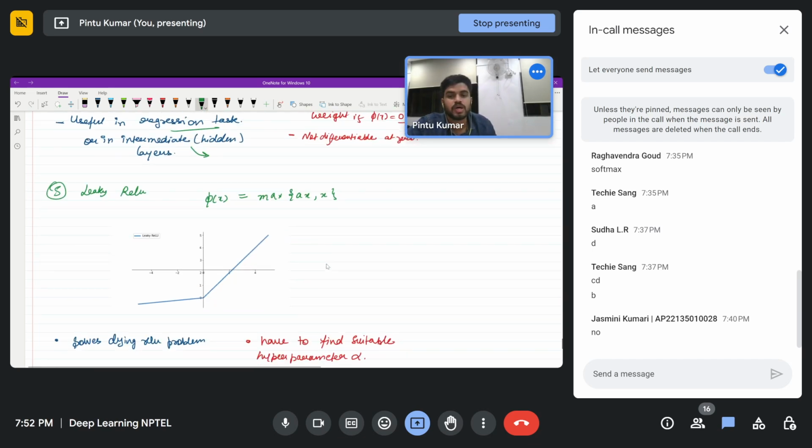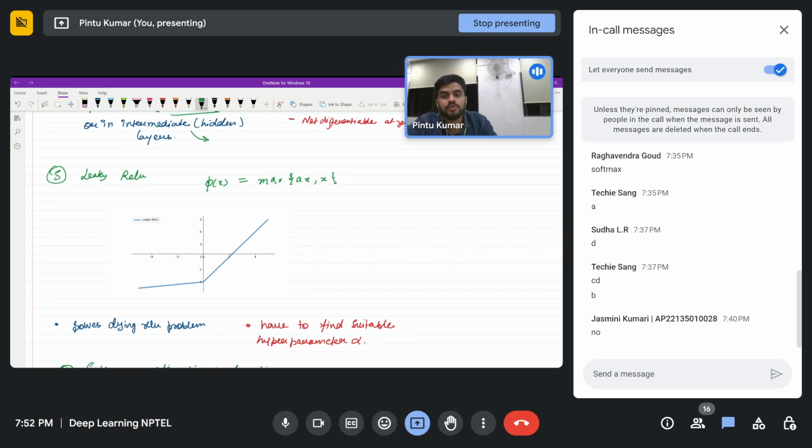Okay, so an extension of ReLU is something known as leaky ReLU. To avoid the dying ReLU problem, rather than taking value 0, what people do is they take a very small inclination, and that is a of x. That's take a would be negative over here.